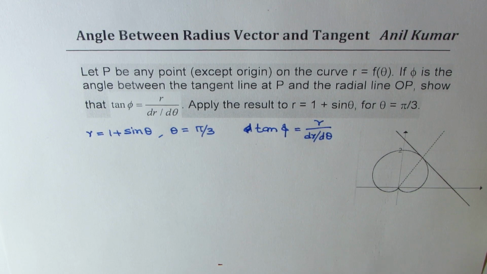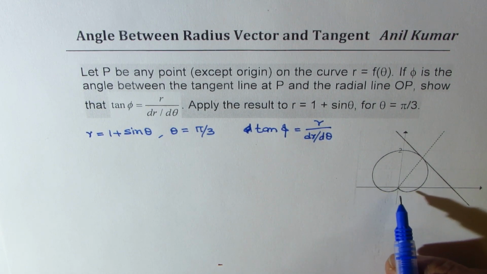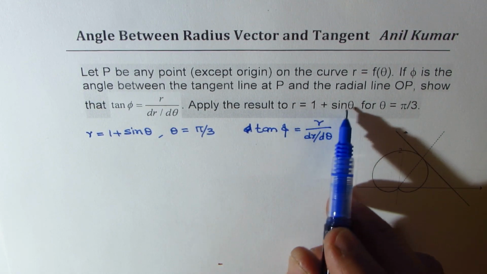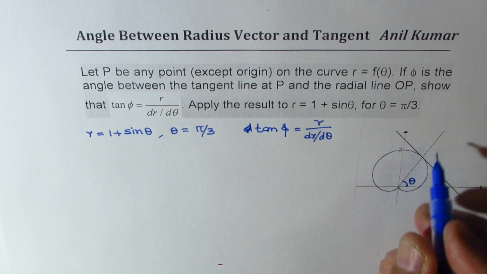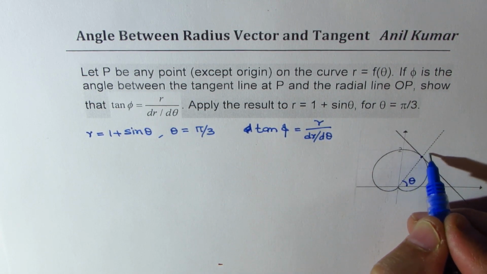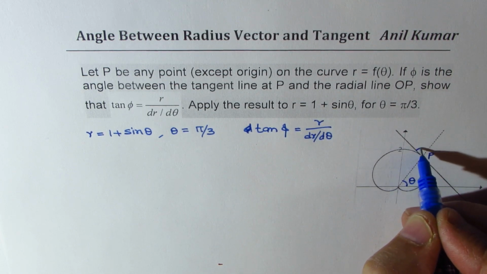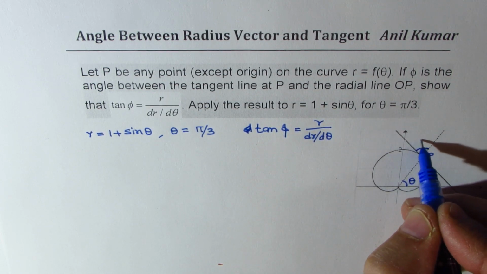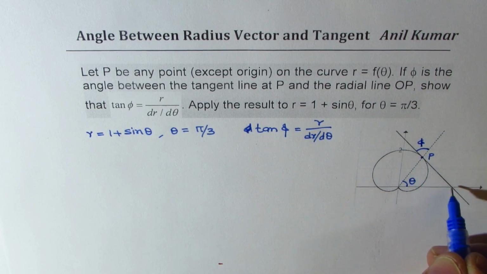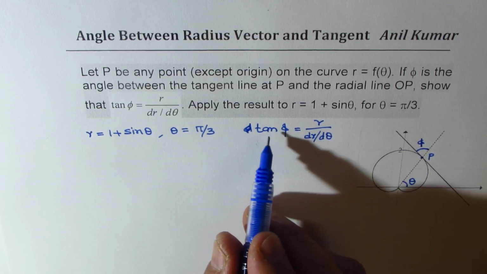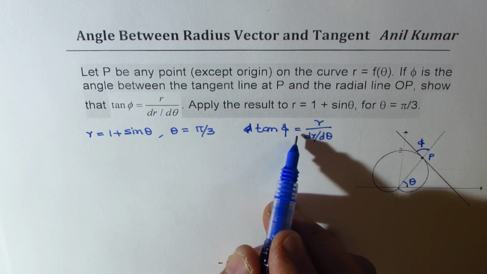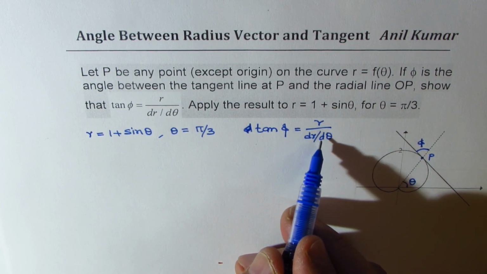Now here we have the cardioid, which represents r equals 1 plus sine theta. The angle theta is this, which the radius vector makes. The point P makes an angle of phi with the tangent line. Now to get the angle phi, we can find tan phi, which is equal to r over dr d theta.